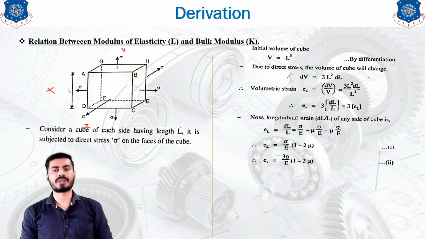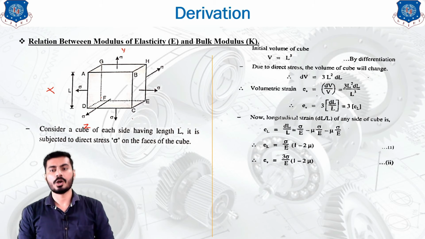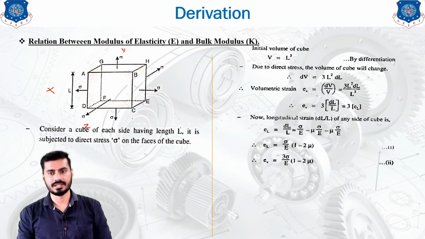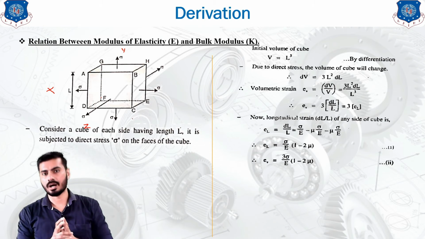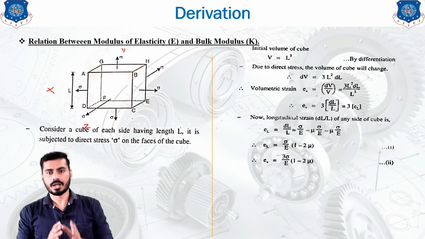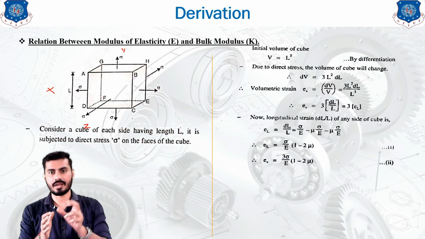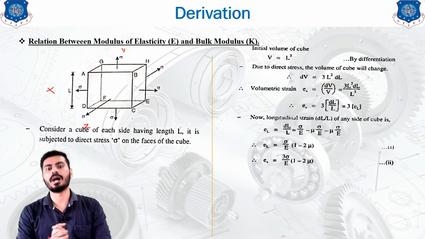So the longitudinal strain of any side of the cube is epsilon L equals delta L upon L, which equals sigma upon E minus mu sigma upon E minus mu sigma upon E. The first term is along the x direction, and the last two terms, which have negative signs, are along the y and z directions.